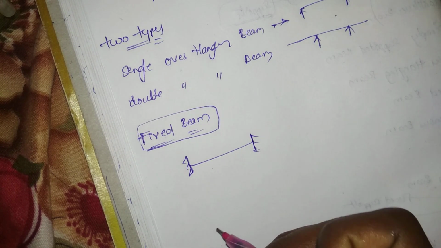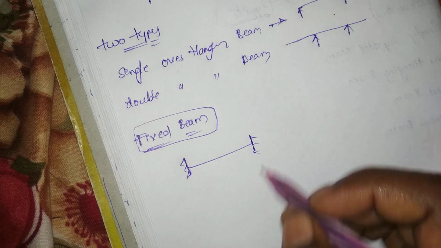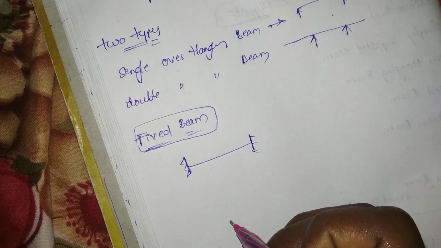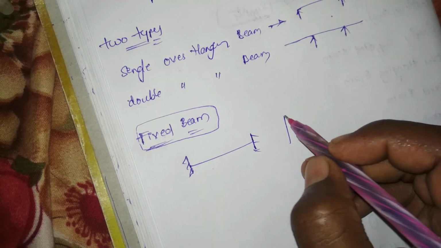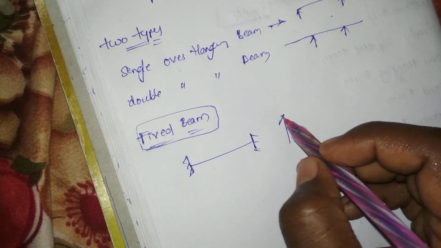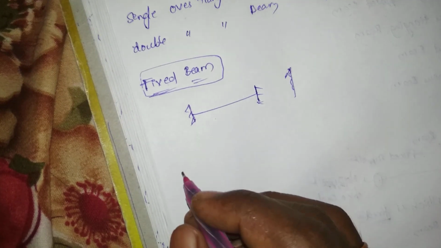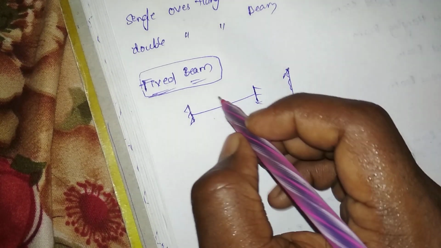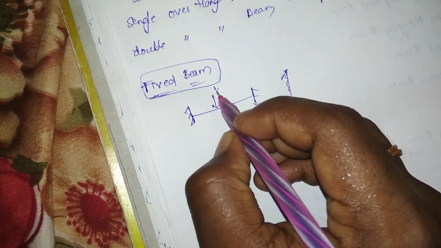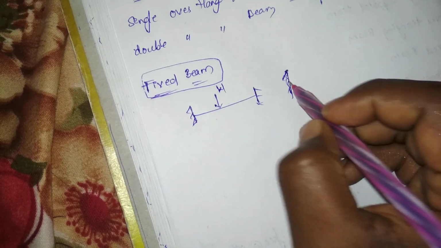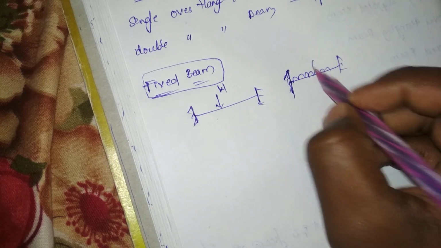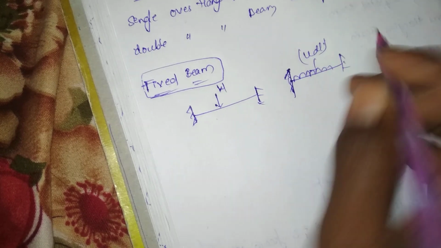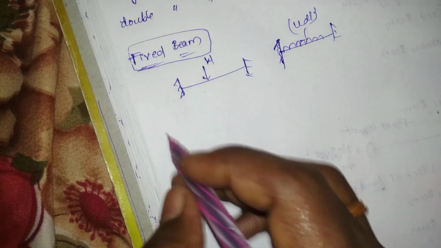We can see this in trusses, and also in the types of columns. Load W, we can apply many loads like this, such as UDL. Let us discuss loads later.